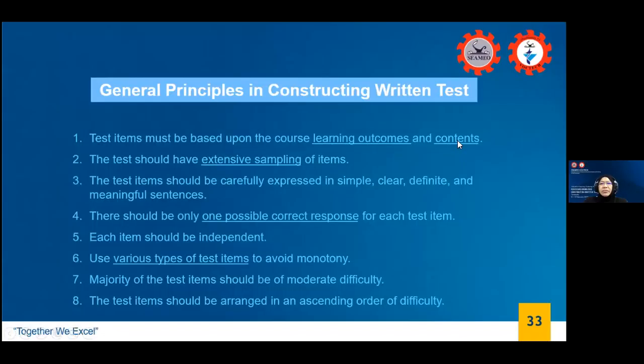The learning outcomes. Okay, so the general principles on constructing written tests include that the tests be based upon the course learning outcomes or contents. Meaning to say, the test that you design should be based on the performance objectives or learning outcomes that you expect the students or your trainees to be able to perform or achieve at the end of your session.